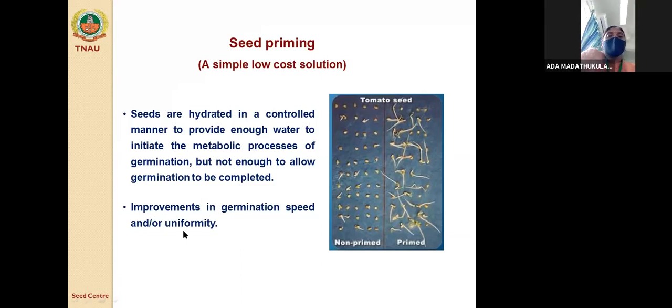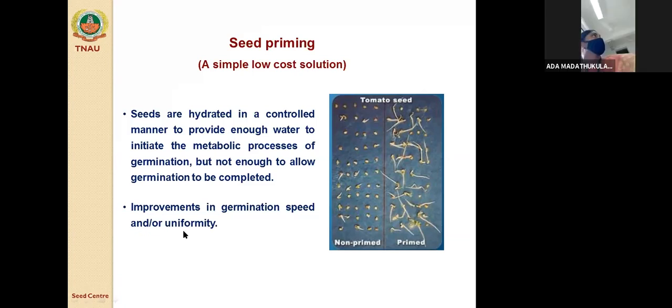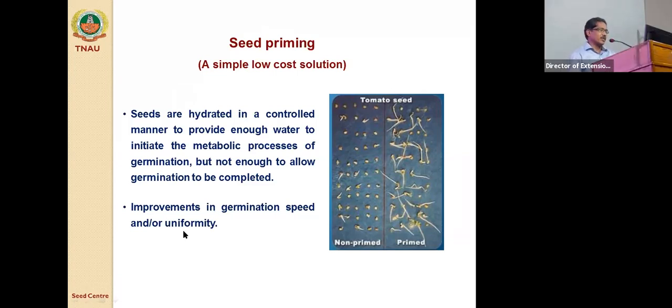For example, if a particular crop seed can germinate within 5 days in normal conditions, generally the pelleted seeds will take a little delay, 2 or 3 days extra, but most of the seeds will germinate.